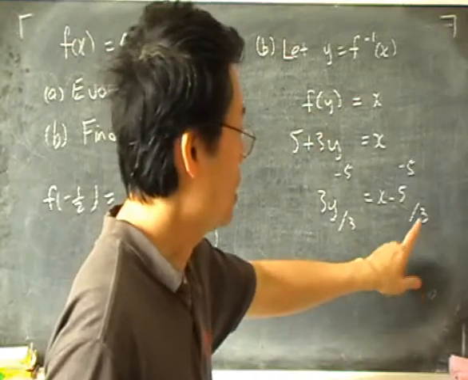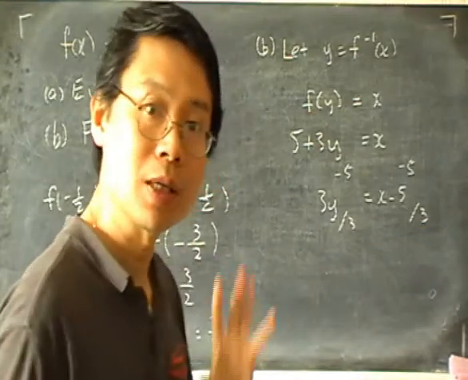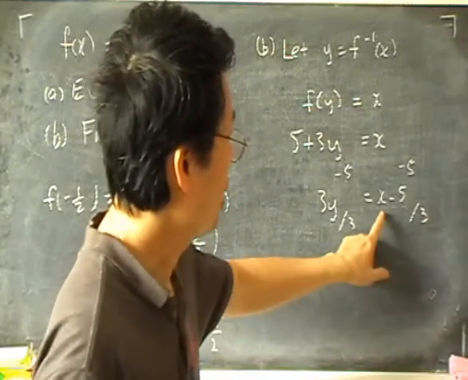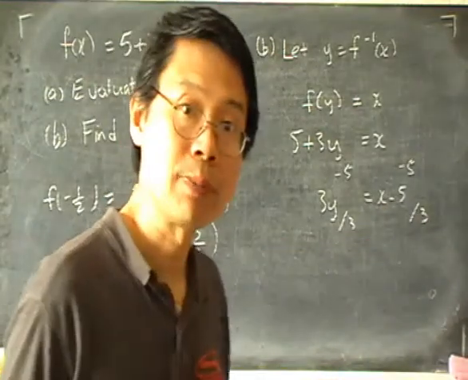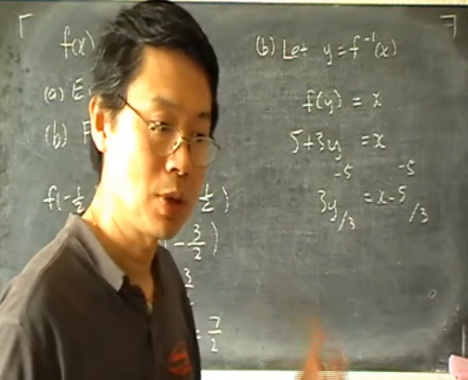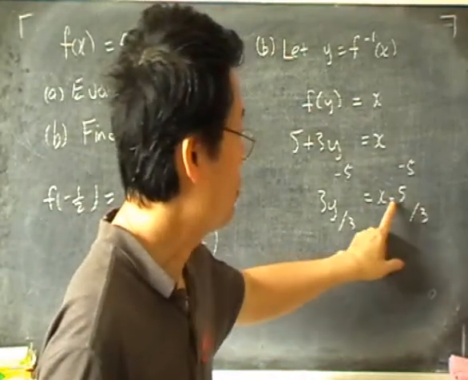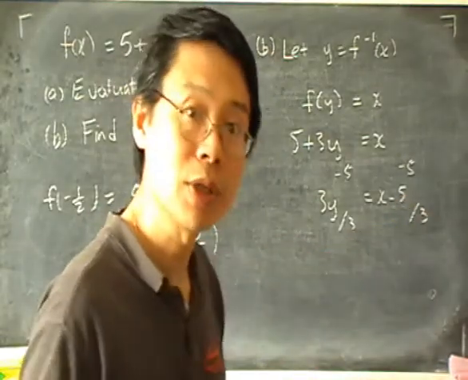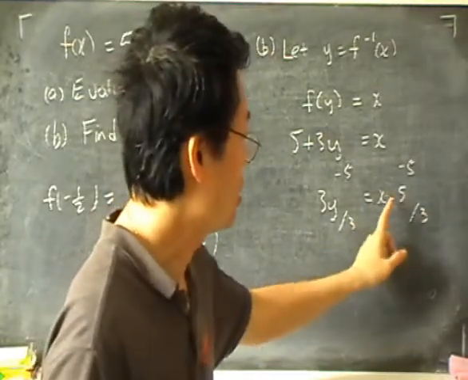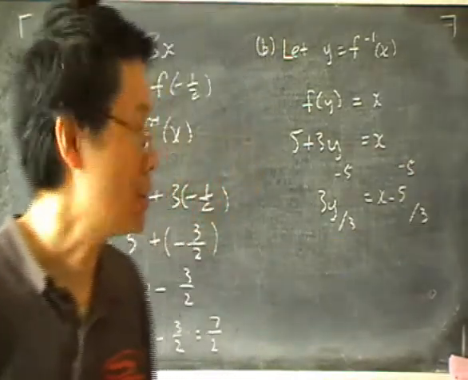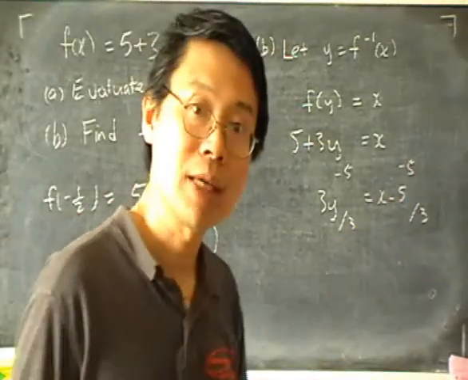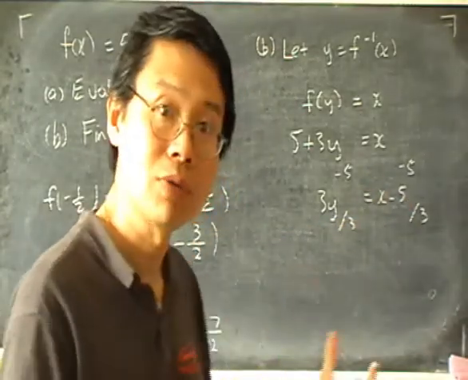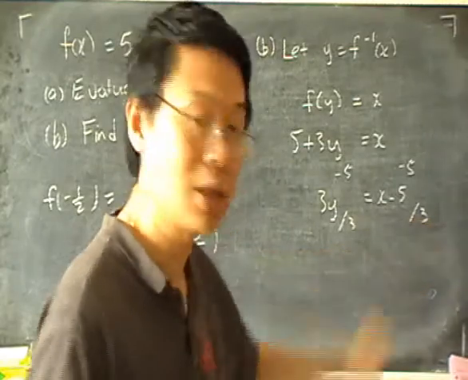And when I divide the right side by 3, I must be careful, because if you look at this, it looks like I'm doing x minus 5 over 3. And because we know that we must do the divide before the minus, it looks like I must do 5 divided by 3 first before I do x minus that. And we know that that's wrong, because the x minus 5 came first. I'm supposed to have calculated the x minus 5 answer before I divide that by 3.